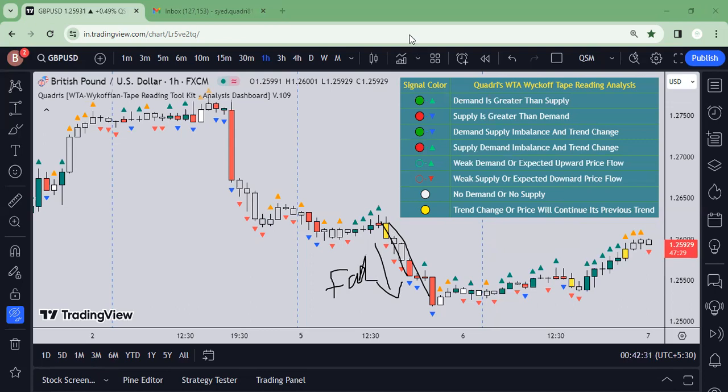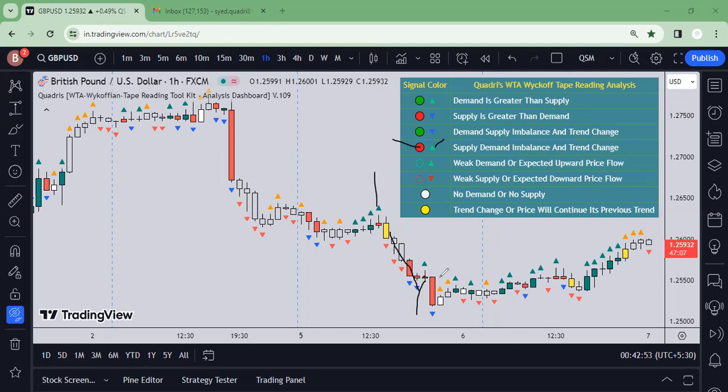Okay. So having said that, this is the second thing. And this is the third place where we have seen a red candle with a green triangle. Here it suggests there could be a trend change. Now, as we are approaching downwards, this kind of thing is happening.